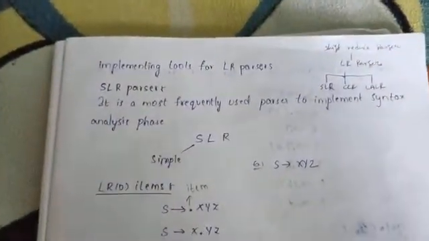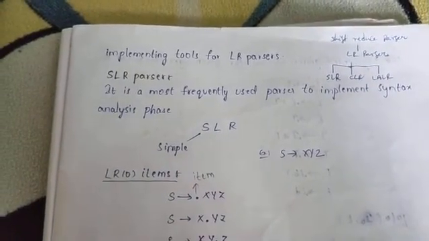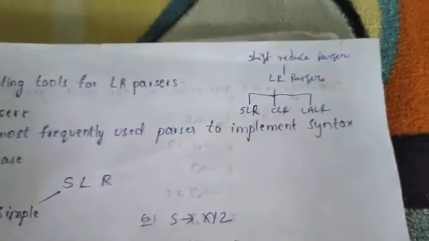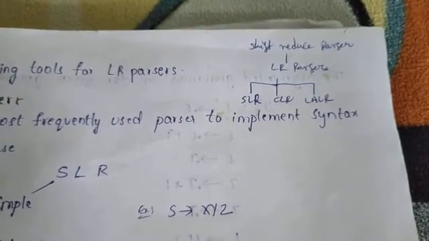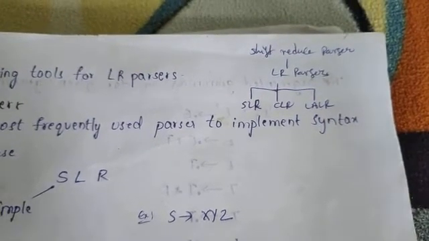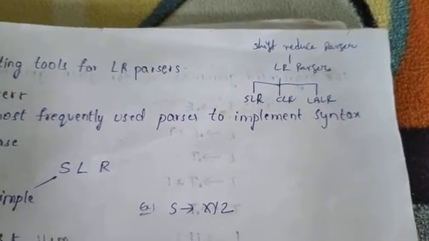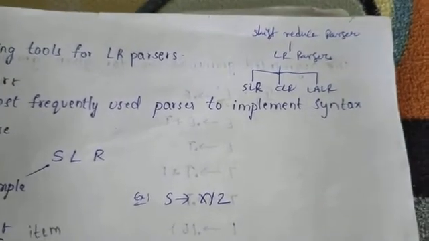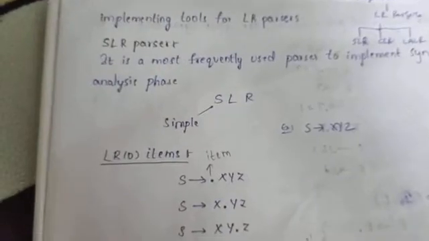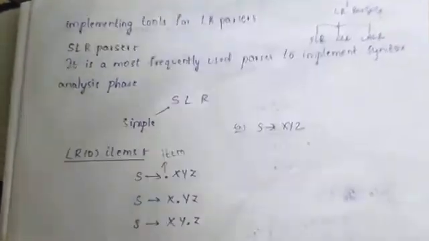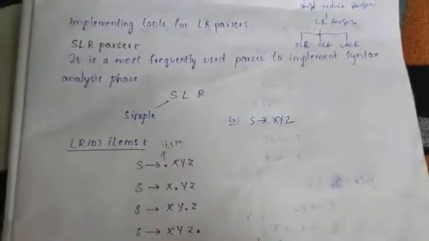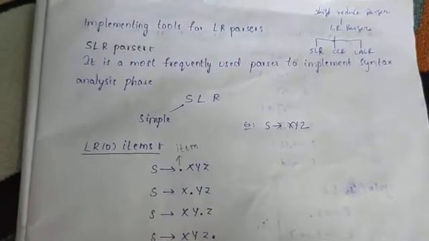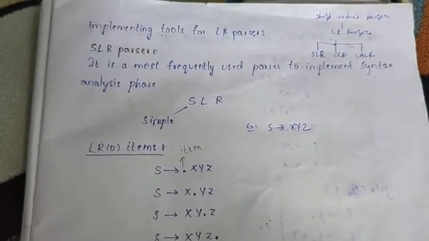Here LR parsers can be split into three parts: SLR parsers, CLR parsers and LALR parsers. The first one is the SLR parser. SLR parser is nothing but the most frequently used parser for the syntax analysis phase.